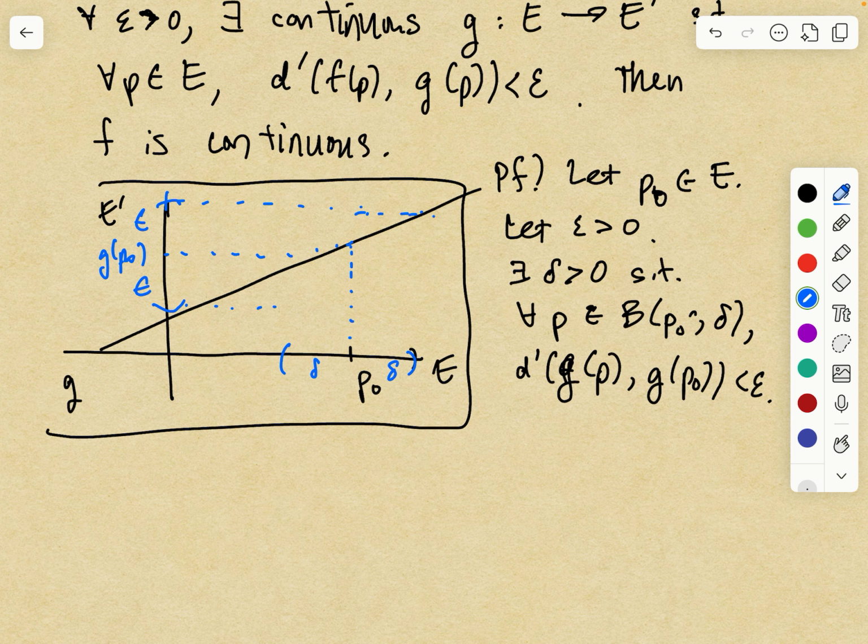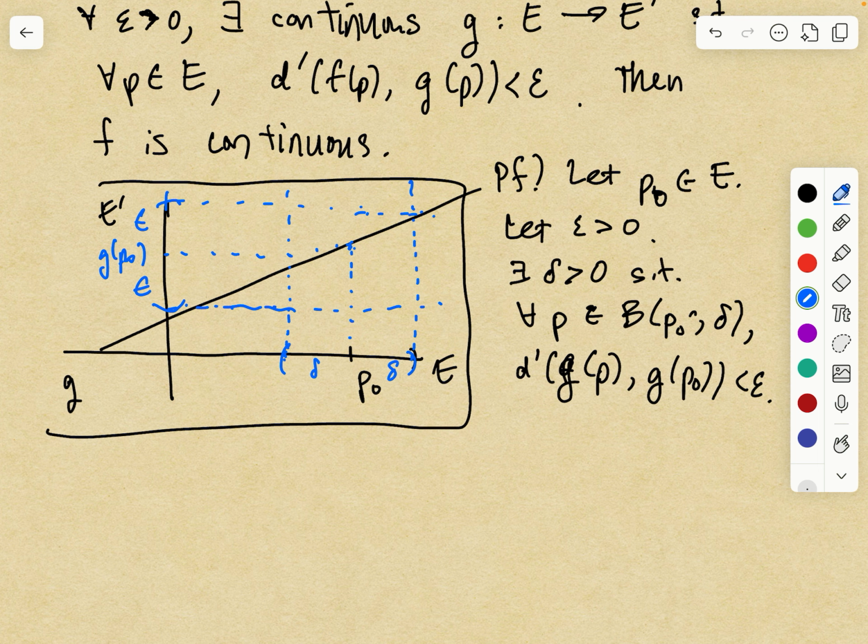And we know that there is a delta such that when you plug in all the values within delta of p, you remain in this epsilon interval. Right?